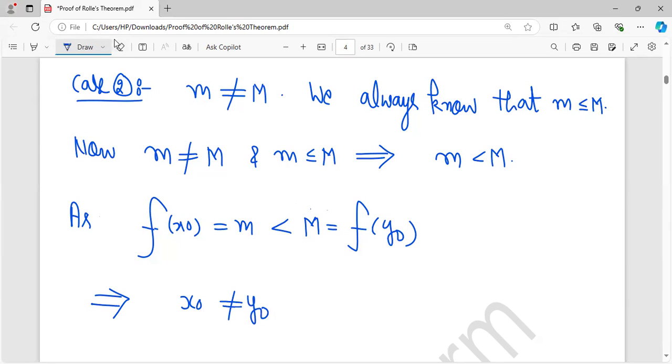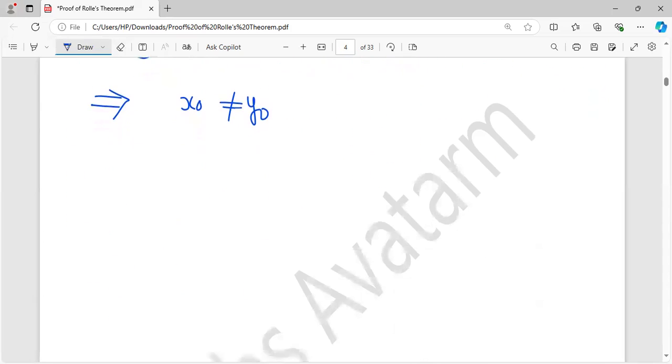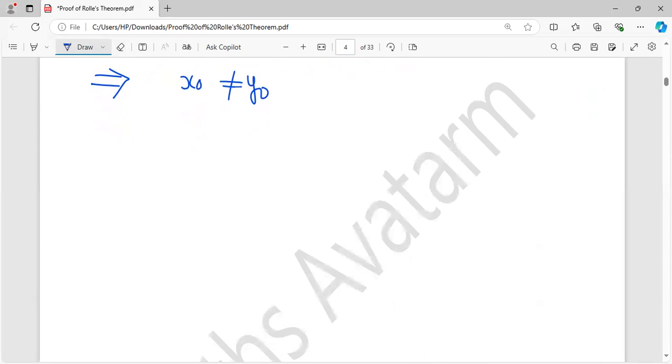What does it mean? It means that either x naught is less than y naught, or x naught is greater than y naught.